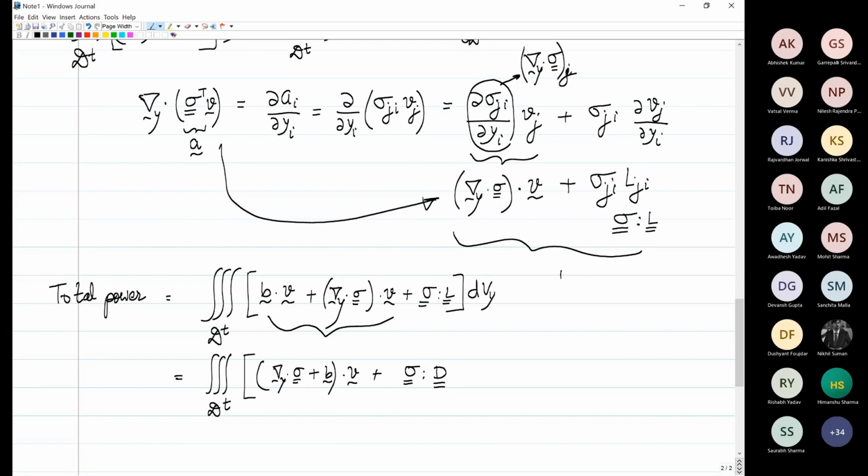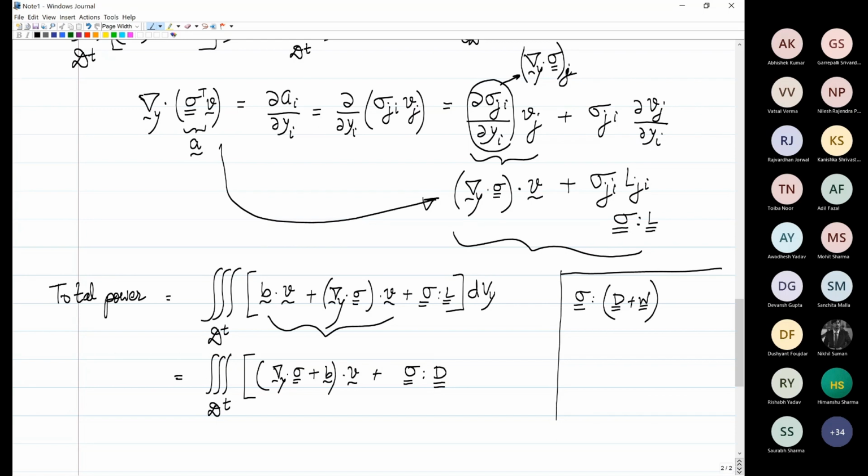Now, why can we do that? Let me do a side calculation. This sigma is a symmetric tensor, okay? So why don't I write it as sigma double contraction, and L we write as D plus W, right? Where D is the rate of deformation tensor and W is the spin tensor.